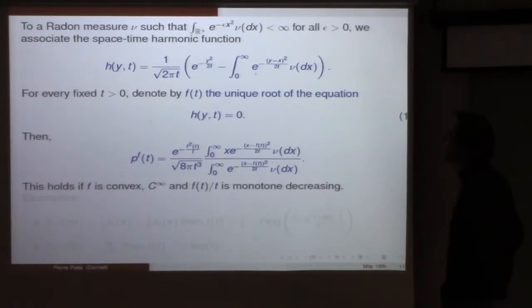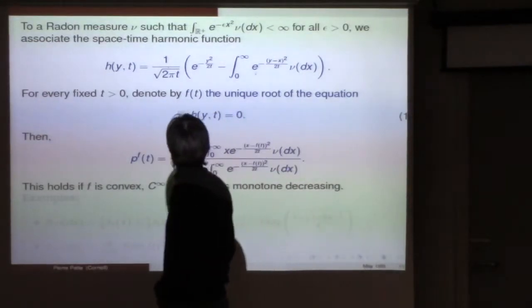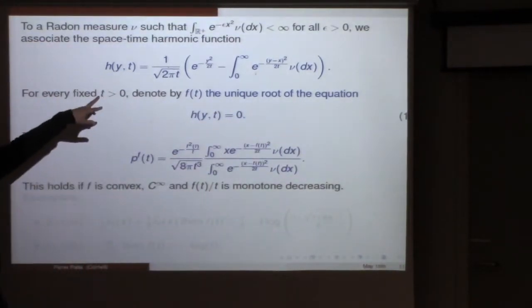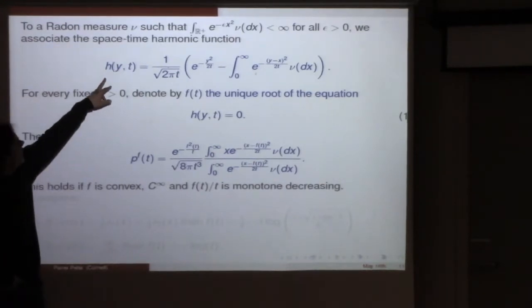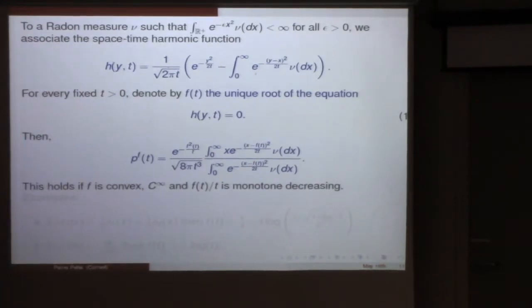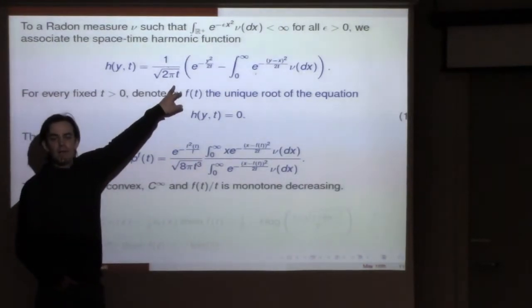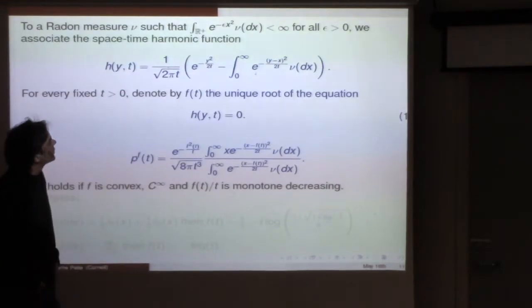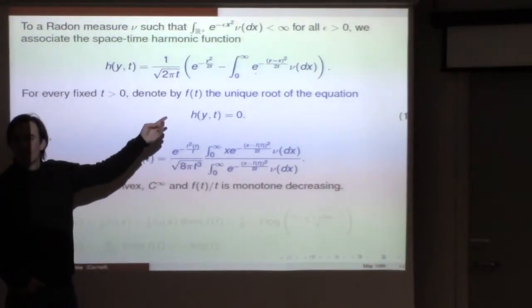So we consider a positive sigma-finite measure mu, which satisfies the integrability condition stated up there, where the integrand is simply the Gaussian density. And we define the function h as follows: it is the difference of the Gaussian kernel minus the Gaussian kernel integrated with respect to this positive measure.